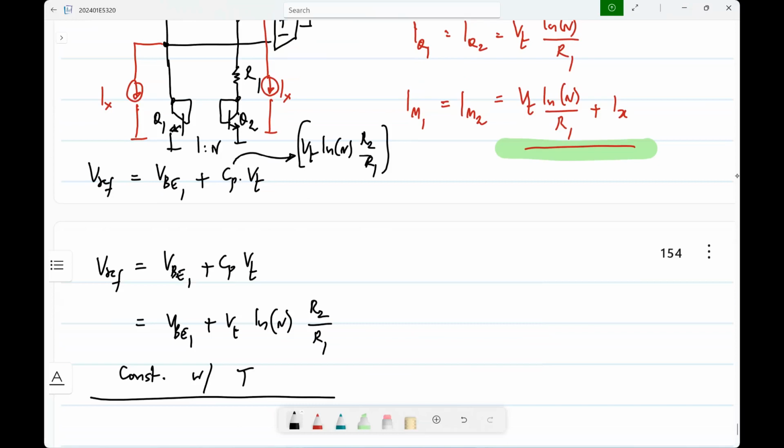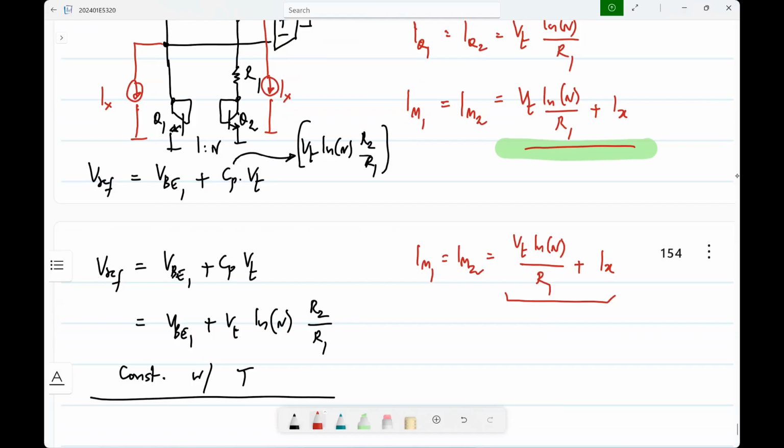Now we have Im1 equals Im2 equals Vt log N by R1 plus Ix. How do I make this constant with temperature? Just look at the expressions and tell me what Ix should be. Let's assume, of course, that the resistors are constant. If you look at those two expressions, you should be able to tell, right?